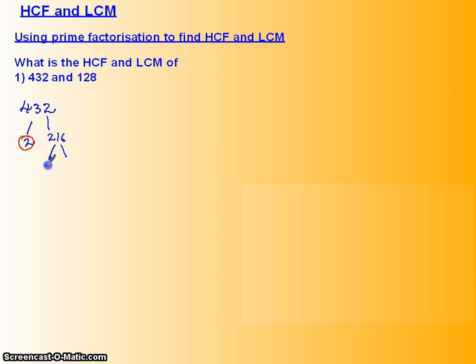And then we have 2 times 54, then we have 2 times 27, and then we have 3 times 9, and then 9 is just 3 times 3. So we circle our prime factors. So 2, another 2 there, 2, 3, 3, and 3.